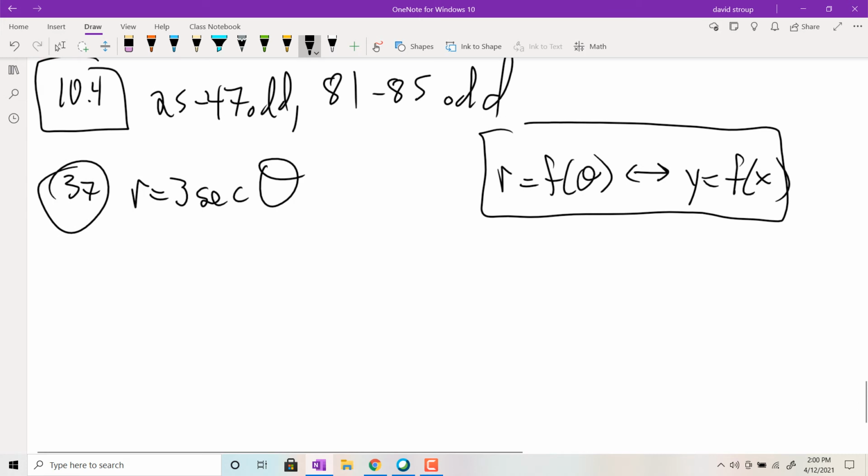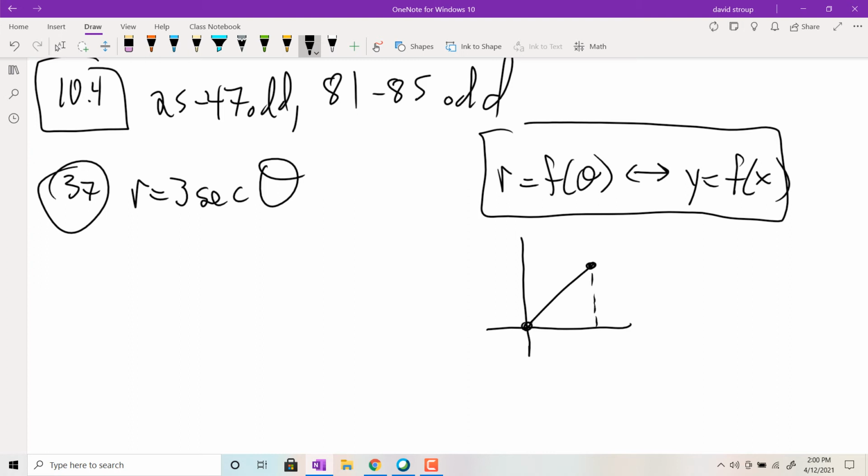So you have to know all your conversion formulas. You can almost regenerate them if you just know this picture where you have this scenario going on. This is your x, this is your y, and this is r comma theta, with r here and theta here.